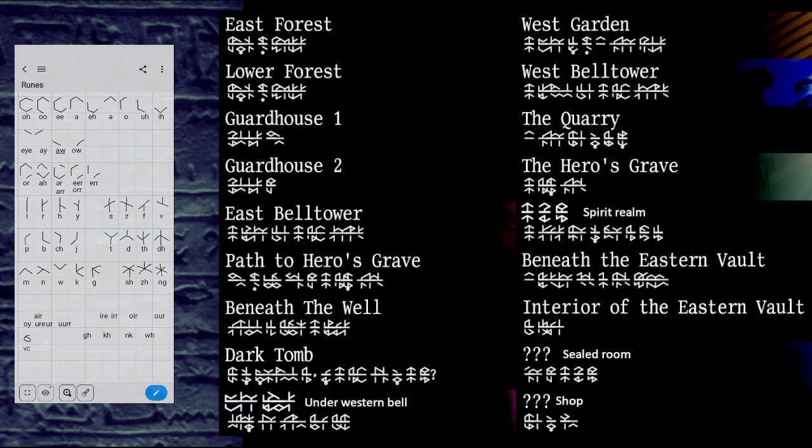Okay, now we've got this sealed room that we can reach from the far shore, which is a gate to the far shore. It does not tell me anything about where this room is. That's going to remain a mystery for quite some time, probably. And the shop.